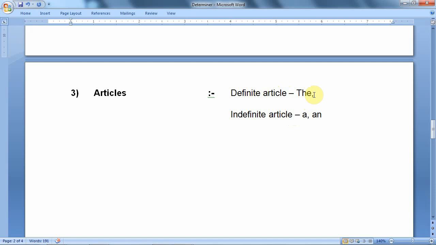We will be dealing with articles in a separate video afterwards, but just for information I would like to tell you again that there are only 2 types of articles. One is the definite article and the other is the indefinite article. The definite article consists of the, and the indefinite article consists of a and an. For detailed clarification, kindly watch the video on articles.